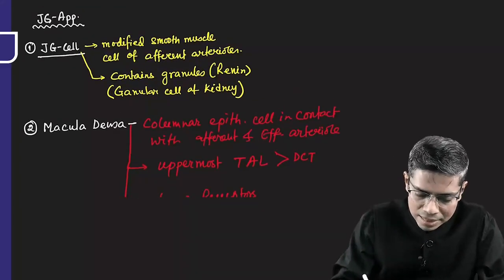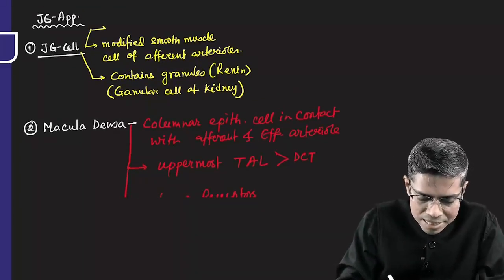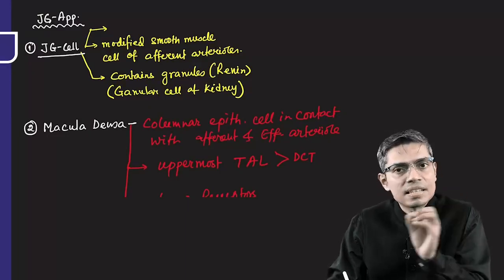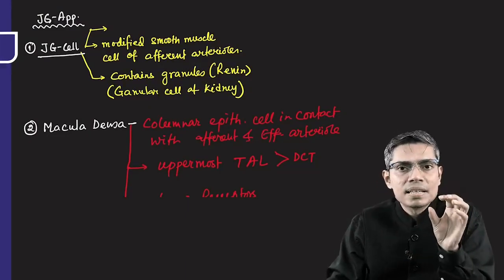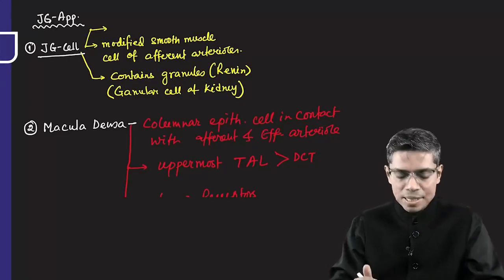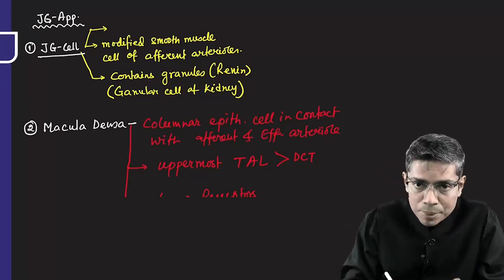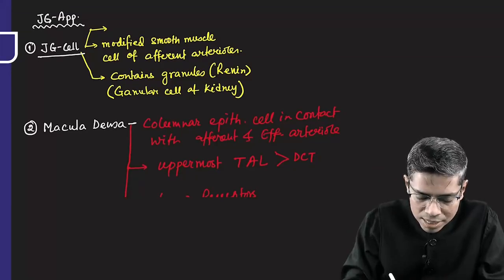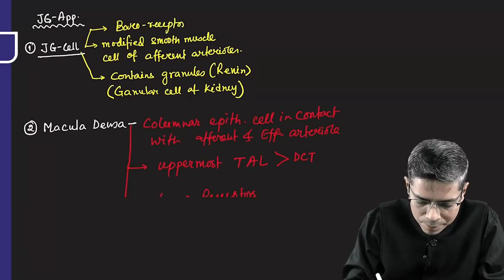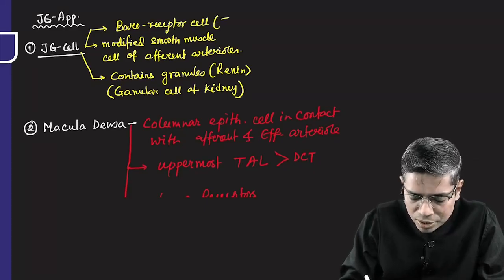That is nothing but the JG cell. So the JG cell is known as the pressure sensor cell of the kidney, and macula densa cells are known as the chemosensor cells of the kidney. That is why I am telling these two side by side. So JG cells are known as pressure sensor cells, or baroreceptor cells. Which kind of baroreceptor?